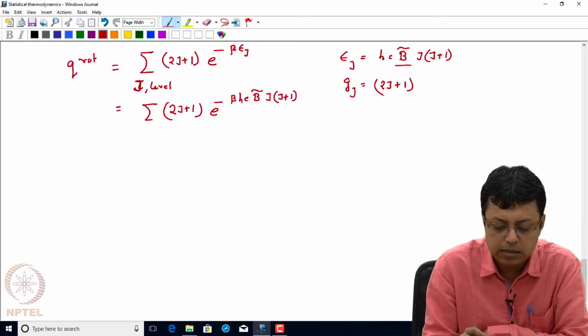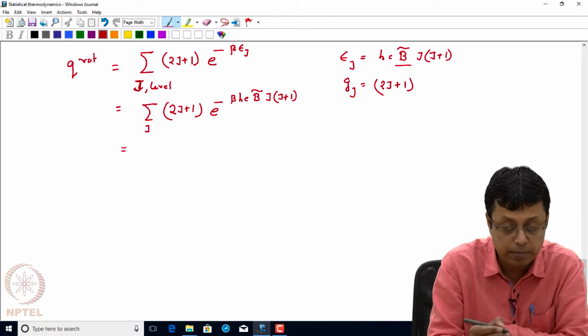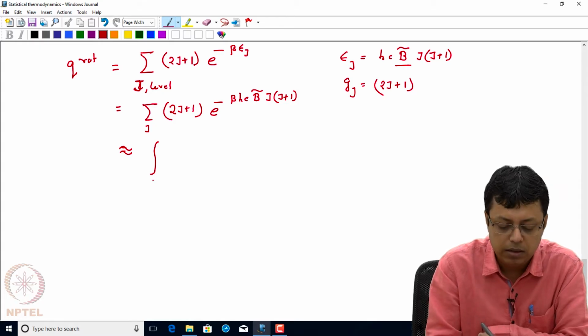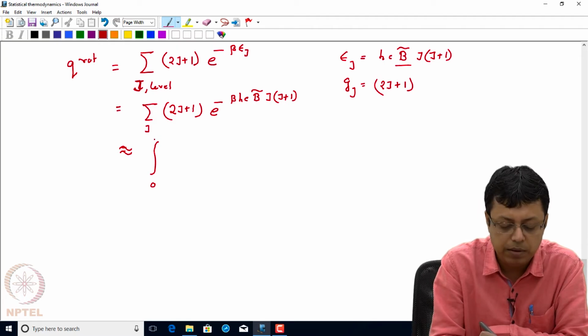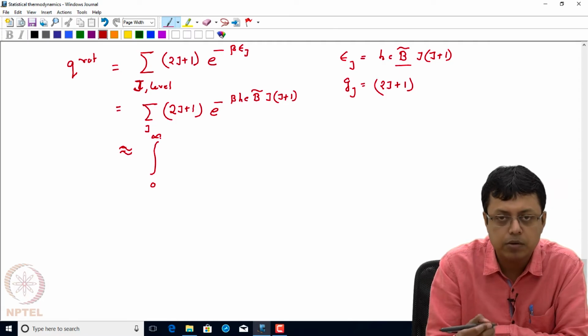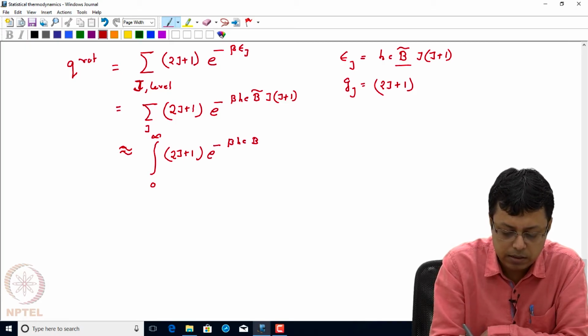Now you see that we can write this again, like before, as an integration, because we know that the rotational energy levels at room temperature behave like more or less continuous energy levels. So the quantum number goes from 0 to infinity, and I have (2J+1) e to the power minus beta hc B̃ J(J+1).